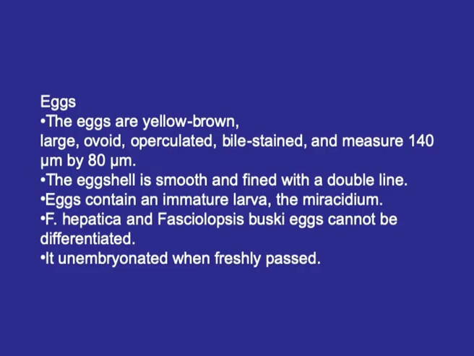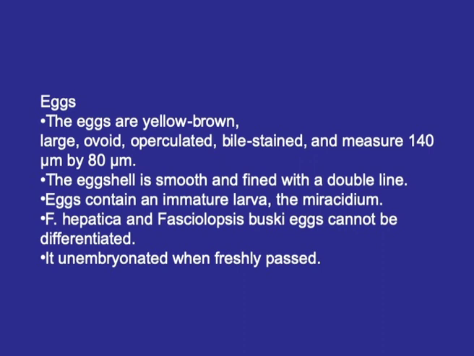When it comes to eggs, the eggs are yellow-brown in color, whereas the adult worm is grey or brown. The eggs are large, ovoid, operculated and bile stained.